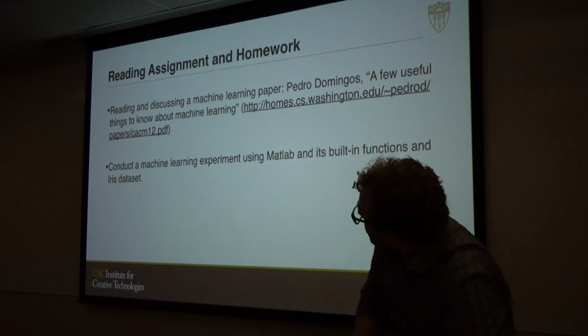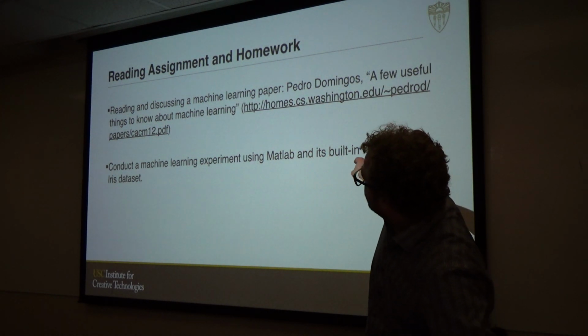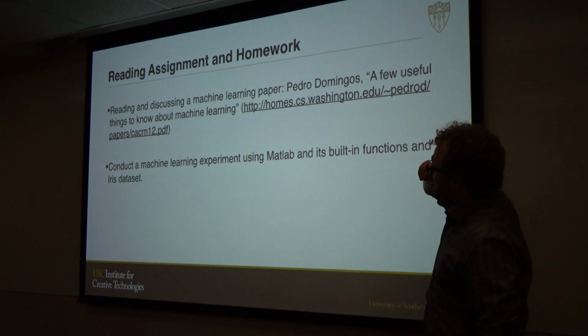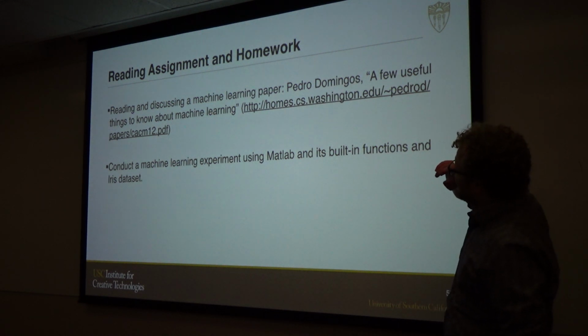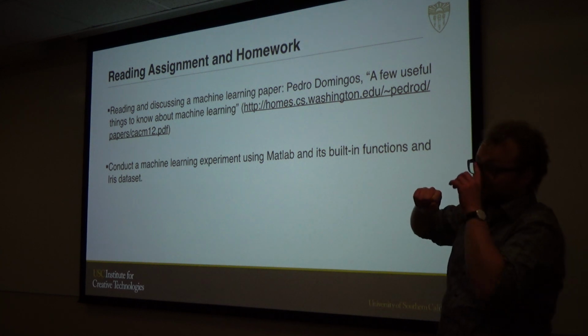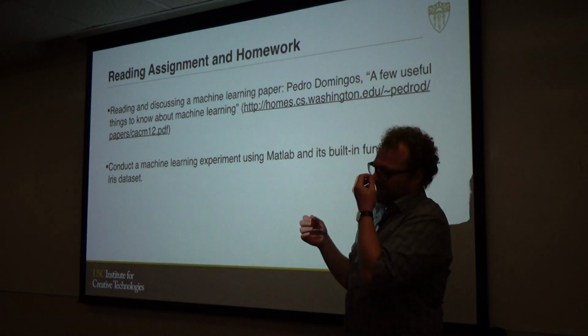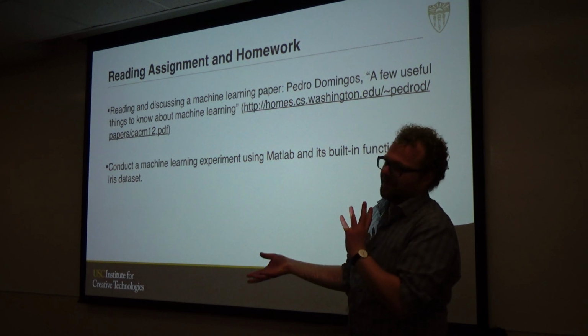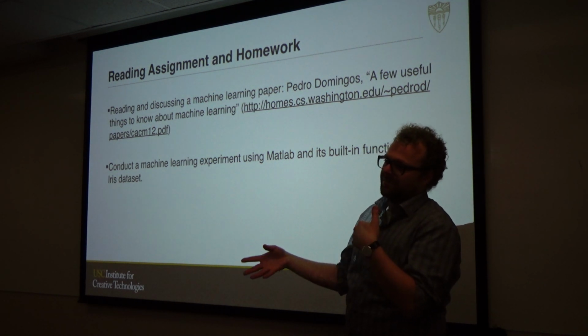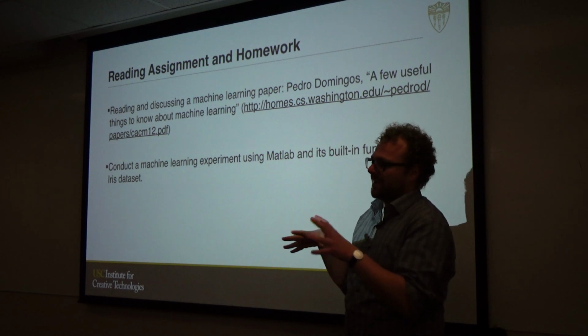Basically, there are more detailed instructions online, but we have another paper that we should read. It's called A Few Useful Things to Know About Machine Learning. I think that's an interesting one because it talks about overfitting, Occam's razor, and stuff like that.